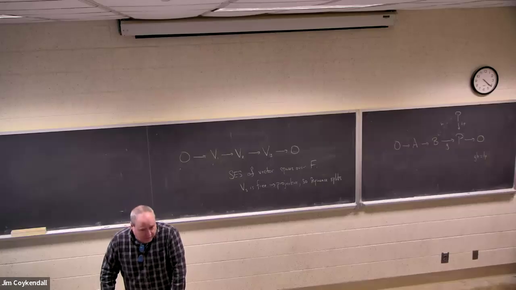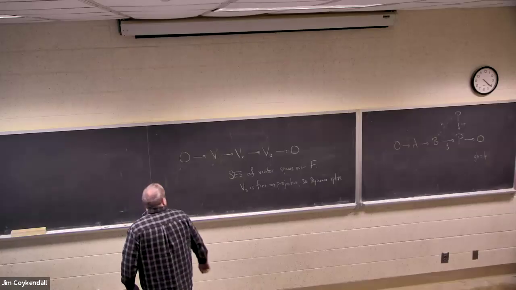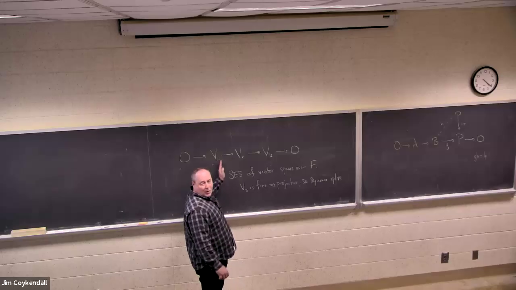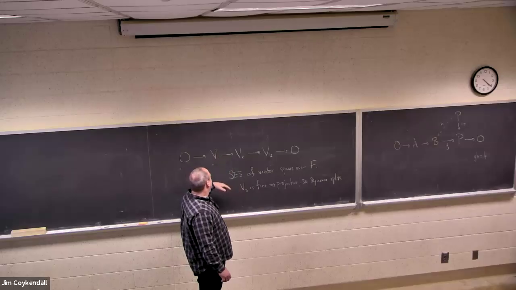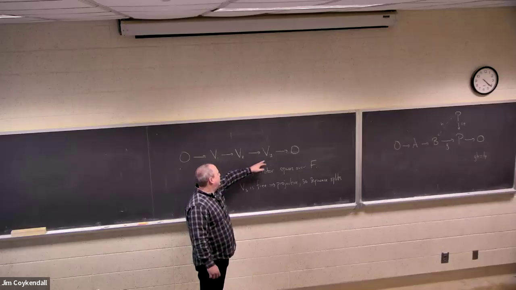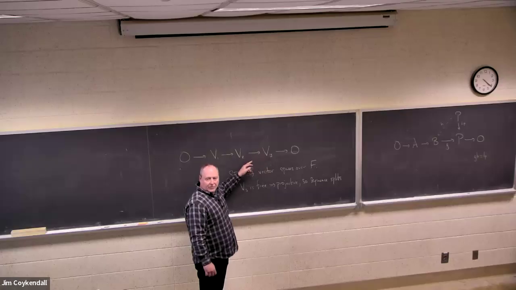Why do we get the injective property? Well, here's one way to do it. Why is it true that free implies injective? Suppose that you have this exact sequence. This one's projective, so the sequence splits, so you get that.